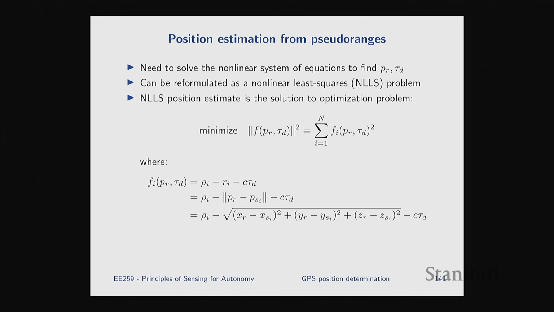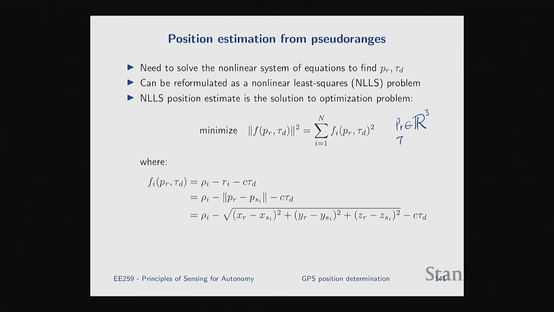So basically, you have this function, call it f, which is a function of the receiver's position and its time delay, or the clock offset tau_d. And here I'm highly overloading my notation, so be very conscious about what's a vector and what's a scalar. From context, there's no ambiguity. So for instance, PR is a vector in R3, that's our position vector.